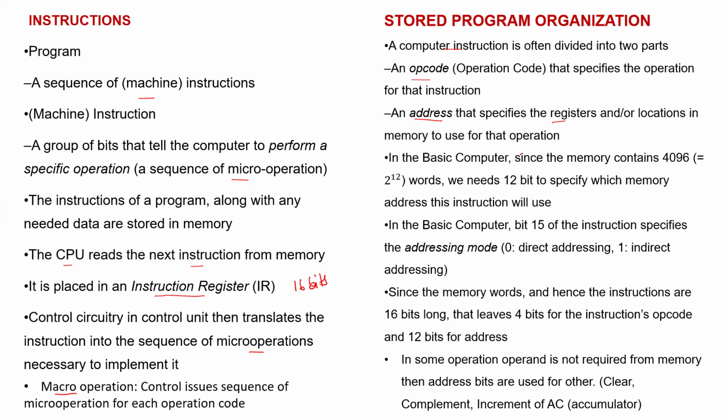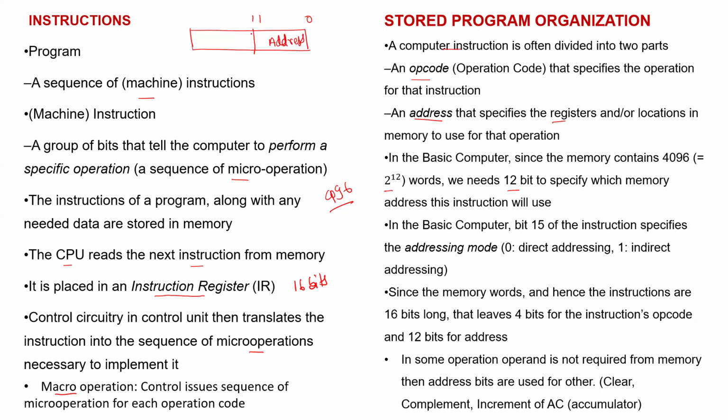In general, we have seen that in the basic computer we have 2 to the power 12 words in different locations, and 12 bits of address are required to cover all 4096 addresses. Here you see bit 15, so there are 16 bits in total. Bits 0 to 11, a total of 12 bits, give the address.